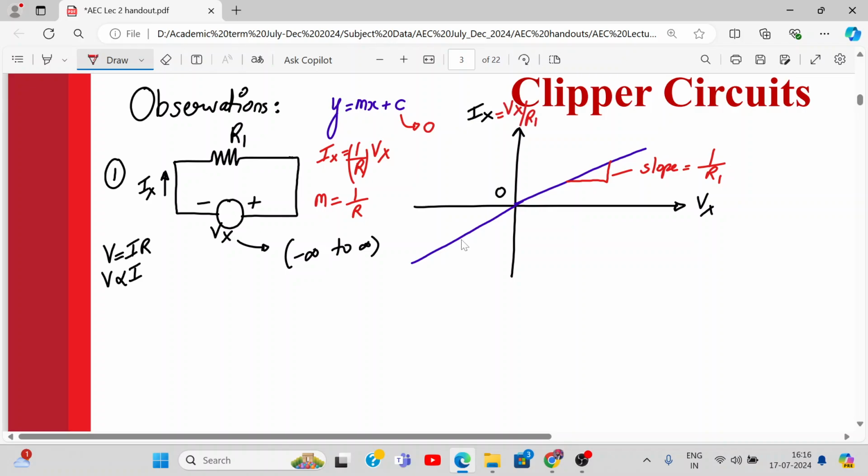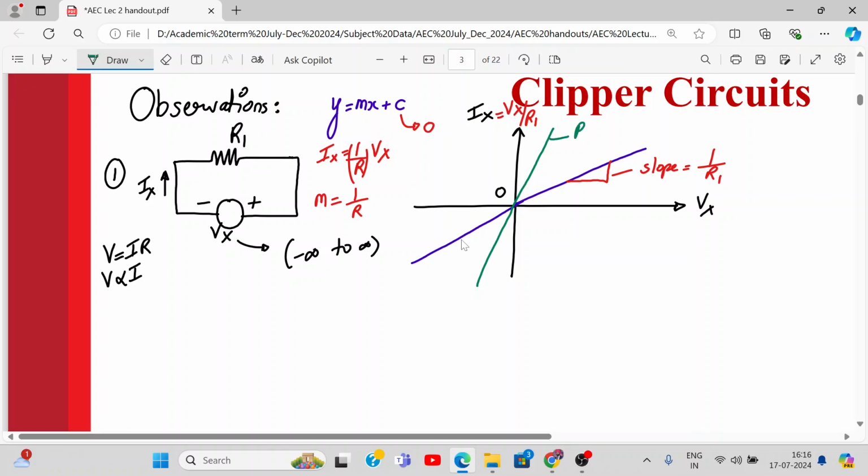Now tell me, if my value of R1 is small, where will the graph go? Will it go closer to Ix over here or closer to Vx? Yes, of course. So this line will be closer to Ix like this.